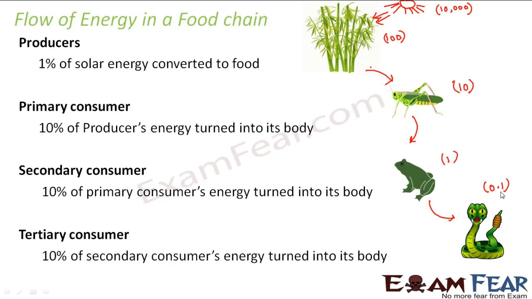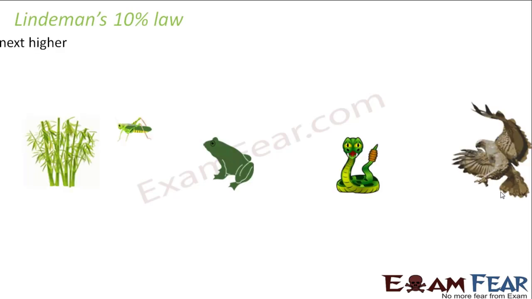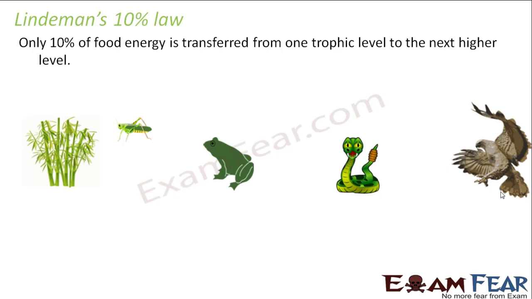It is always 10% of the previous level's energy that will actually get transferred to a trophic level. Right? Okay. So from this was derived Lindeman's 10% law. By now you would have known what this 10% law is. This states that only 10% of food energy is transferred from one trophic level to the next higher trophic level in a food chain.